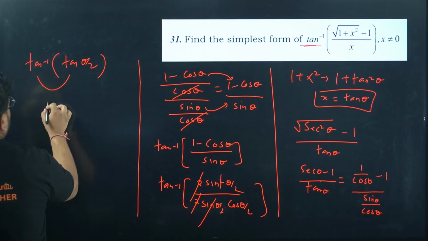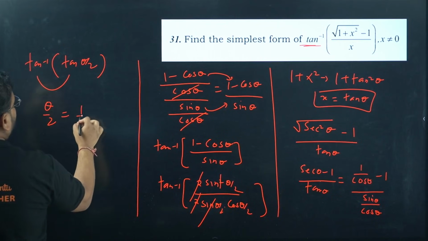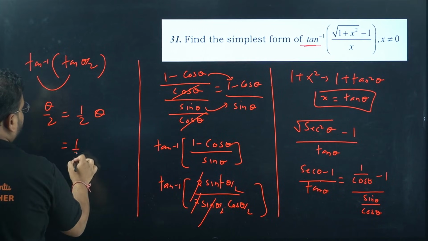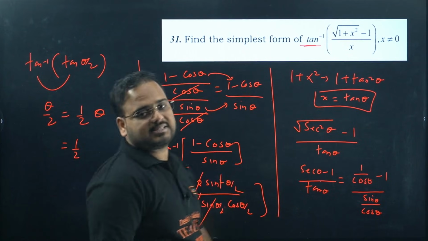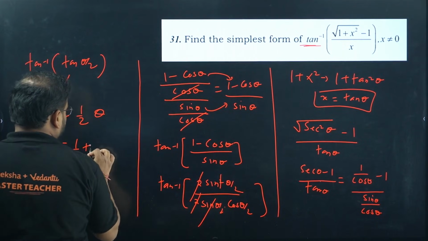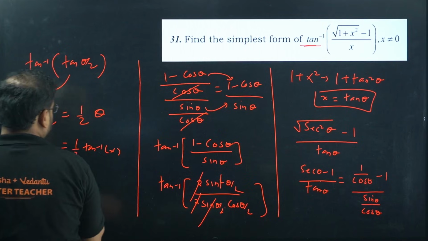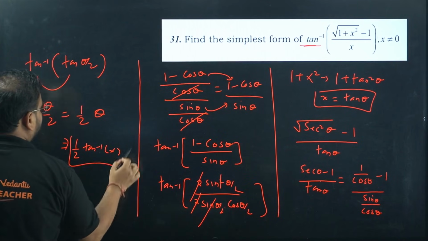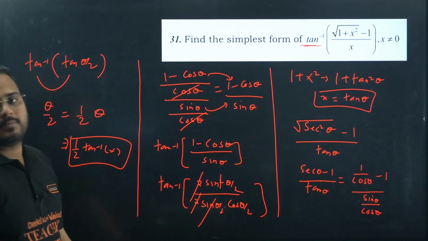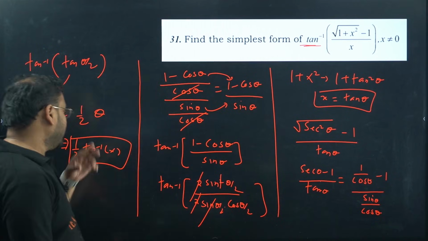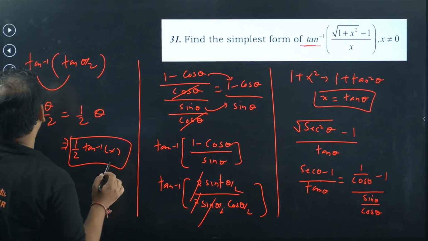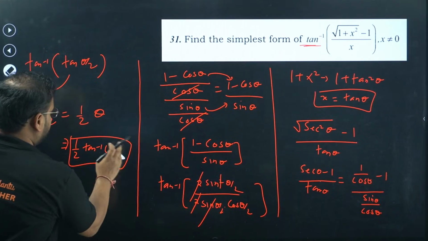Tan inverse of tan theta by 2 is 1 by 2 times theta. What is the value of theta, sir? If x is tan theta, means theta is tan inverse of x. So tan inverse of x. This is the simplified form of the given expression. The simplified form of the given expression is 1 by 2 tan inverse of x.